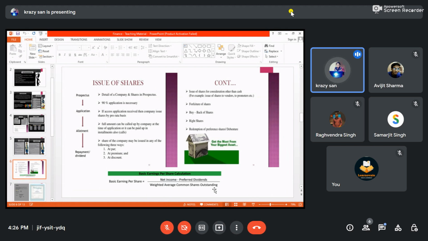Then comes repayment and dividend. Shares of the company may be issued in any of the following ways: at par, at premium, or at discount. Meaning per share you will get this much, or it might be at a premium basis.